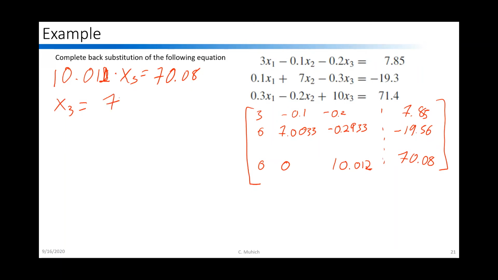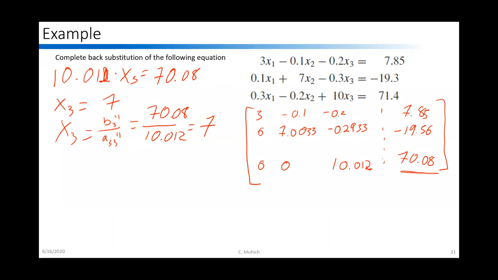Or we can use the equation from the previous slide, which just says x3 is equal to b3 double prime over a33 double prime. I can pull that b3 double prime, so 70.08 over 10.012.